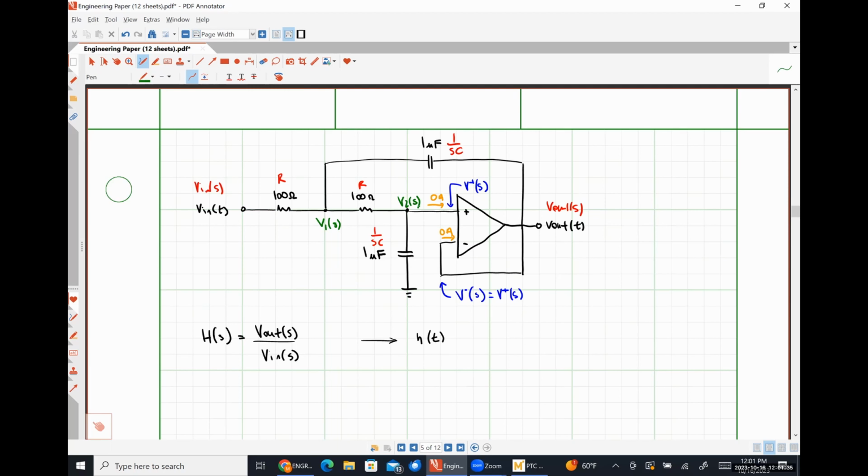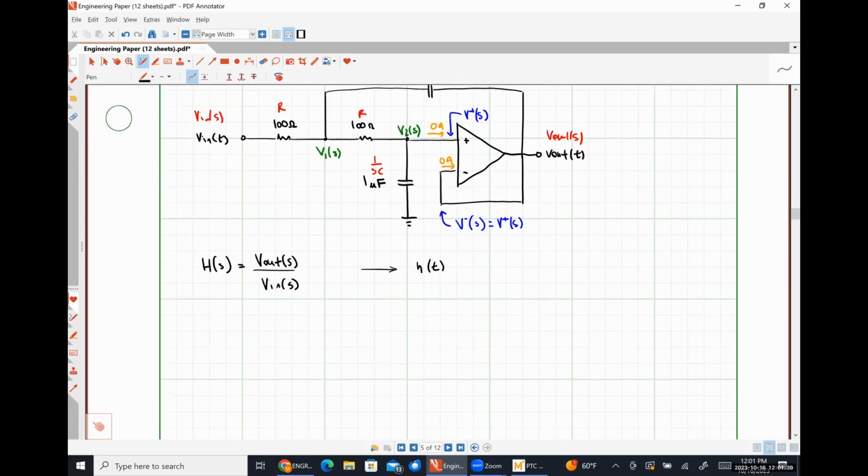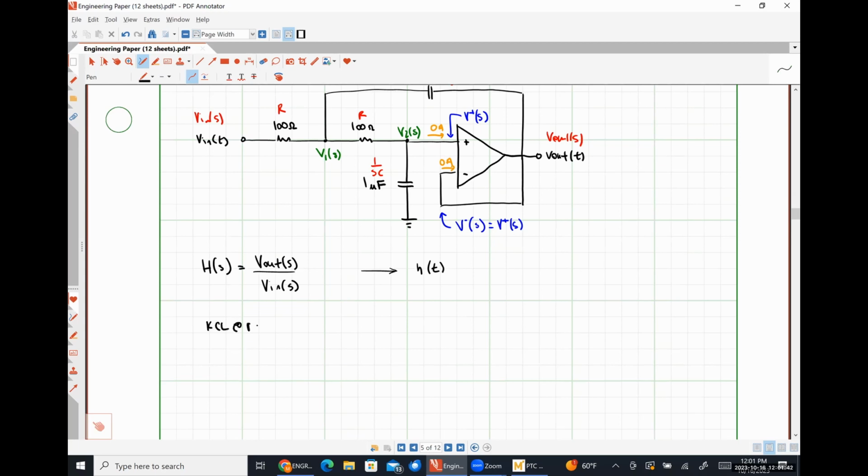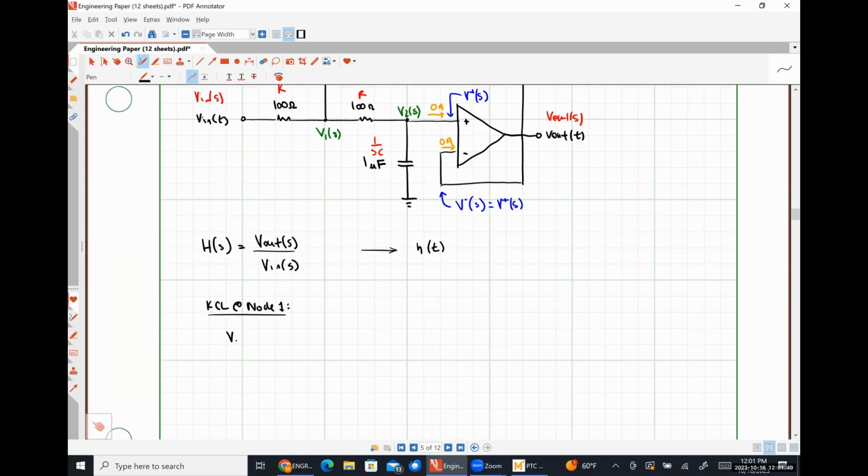Okay. So if we apply KCL at node 1, we would get V1 of S minus Vin of S divided by R plus SC times V1 minus V out plus V1 minus V2 divided by R is equal to 0.